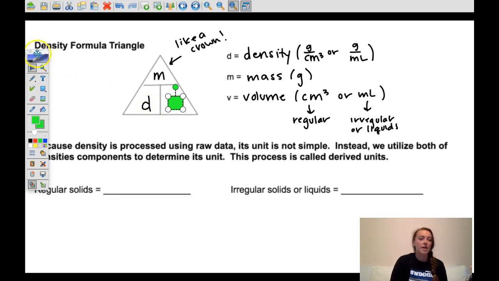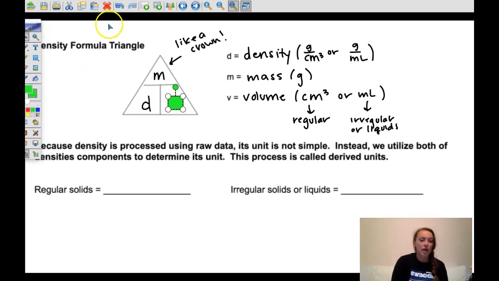So something to keep in mind are units, and this is something typically forgotten by students. Density is processed, which means we're going to be doing math using raw data, so its unit isn't simple. Instead, we utilize both of density's components, which remember are mass and volume, to determine its unit. So the unit is called a derived unit, and the process is called deriving units.